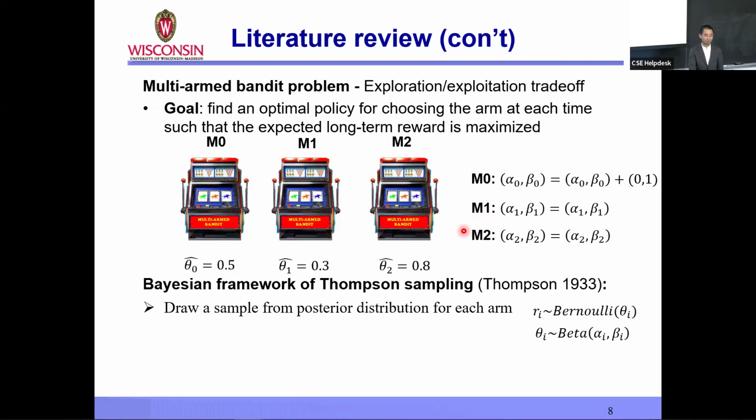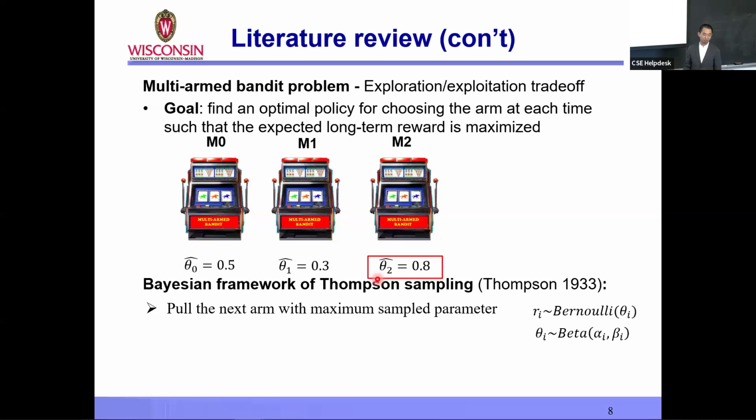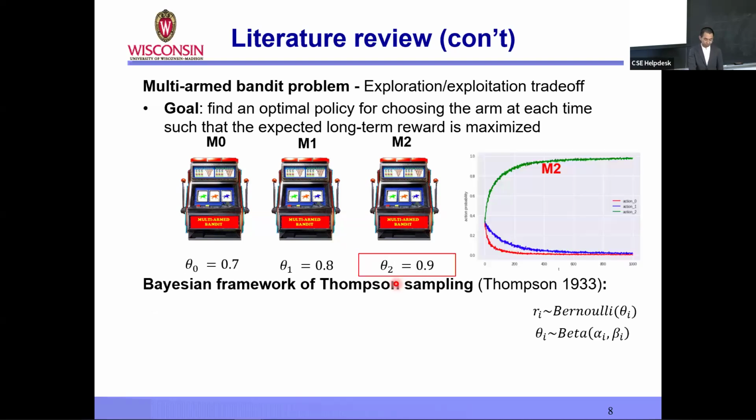Then we draw a sample from the posterior distribution for each arm, like here. For the next step, we will pull machine 2 since it generates the maximum sampled parameter. By repeating these steps, Thompson sampling is capable of identifying the best arm, which is M2 here.